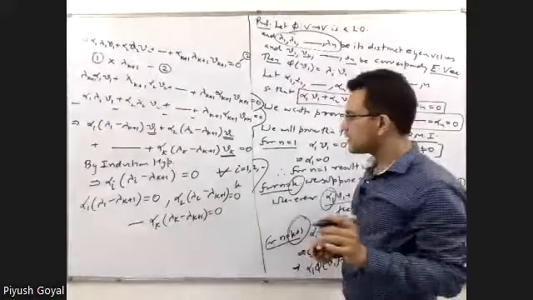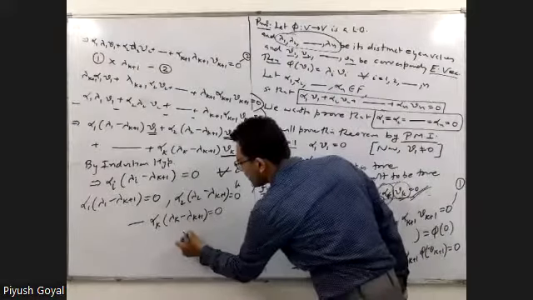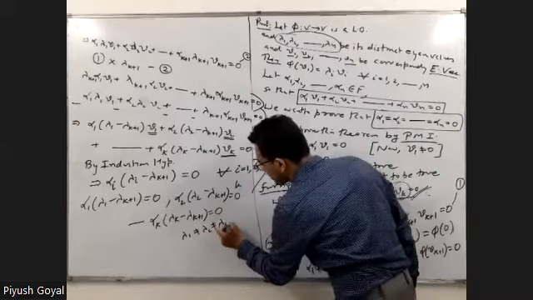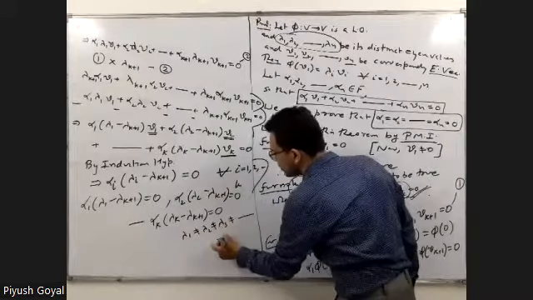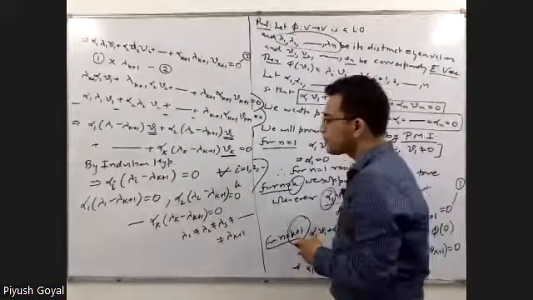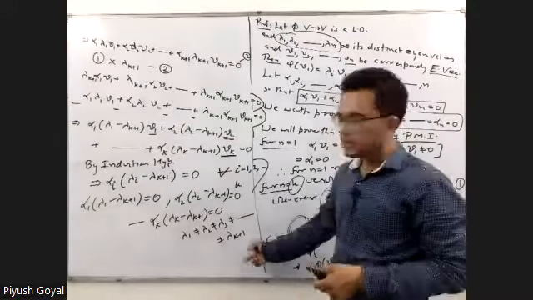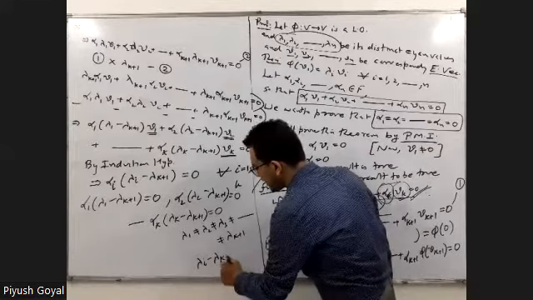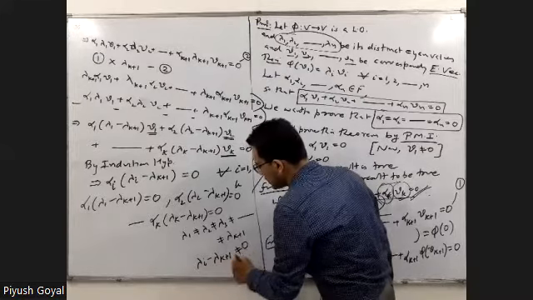Distinct means lambda 1 is not equal to lambda 2, is not equal to lambda 3, up to lambda k plus 1. If they are not equal, then lambda i minus lambda k plus 1 cannot be equal to 0.